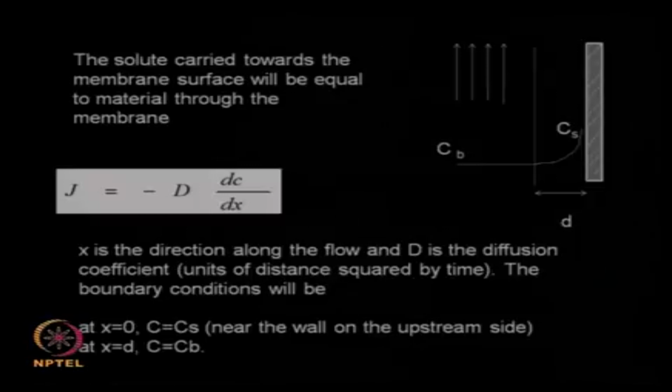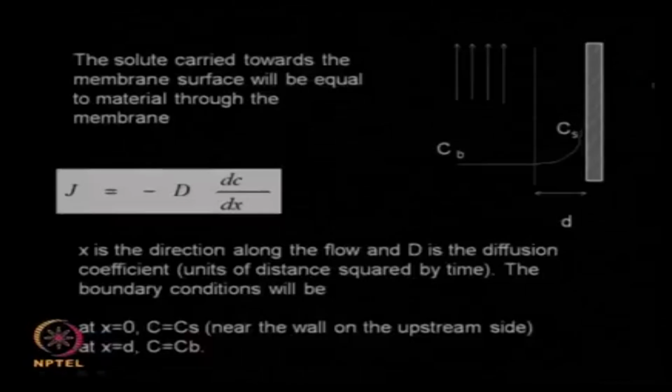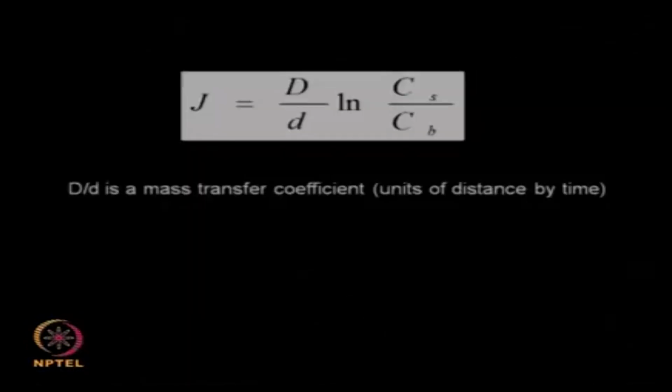Like last class I mentioned, you can create turbulence near the wall so that you can make the boundary layer much smaller, or we can even have cross flow. That means you can have the solution flowing parallel to the membrane plate rather than flowing vertical to the membrane plate. That way we can have a much smaller boundary layer or boundary thickness.